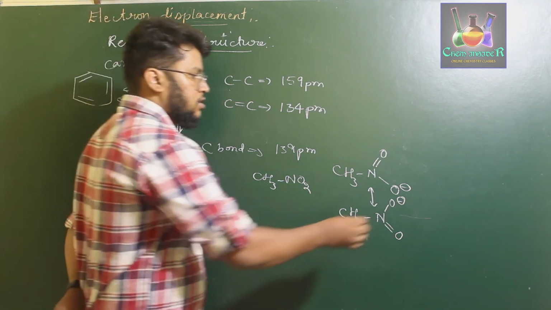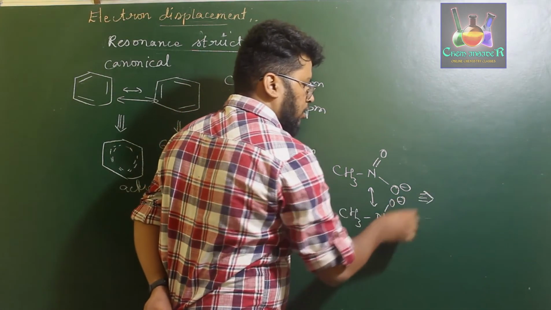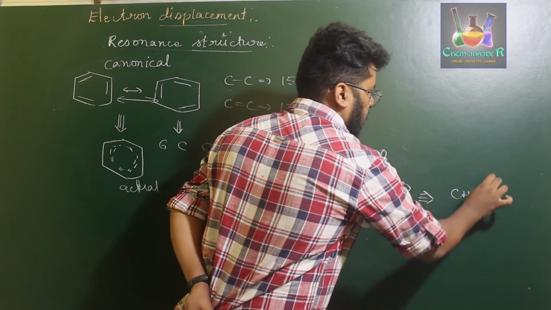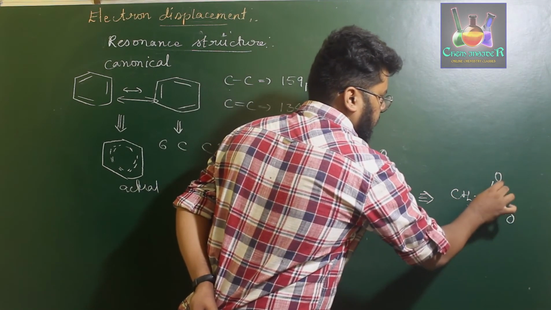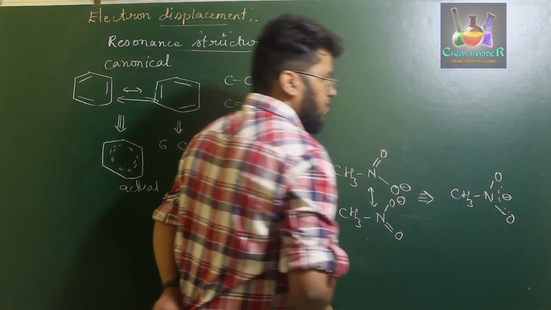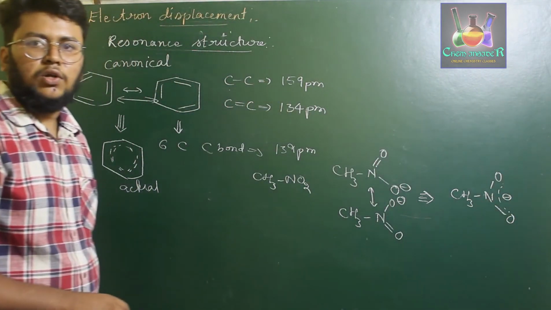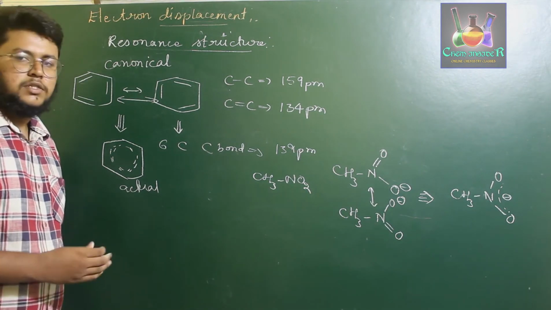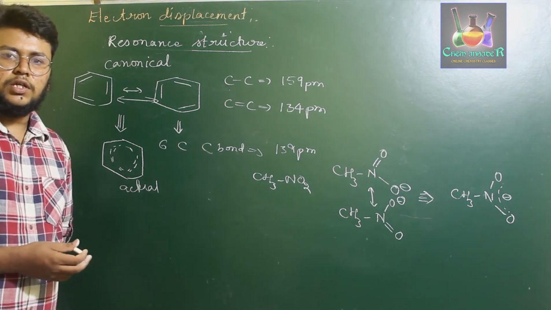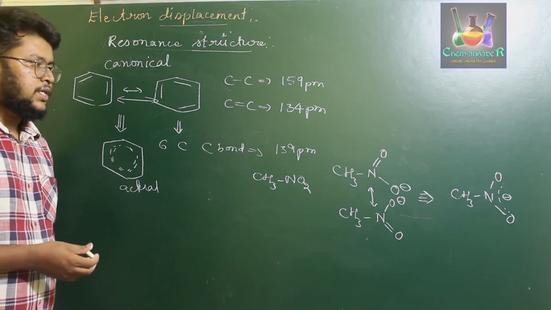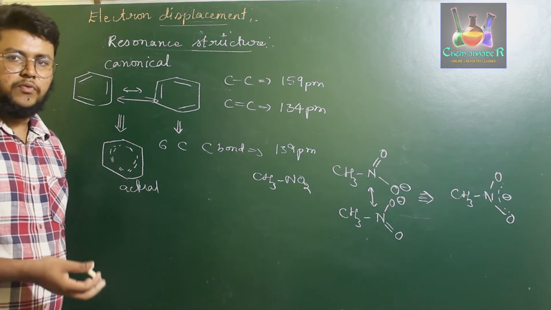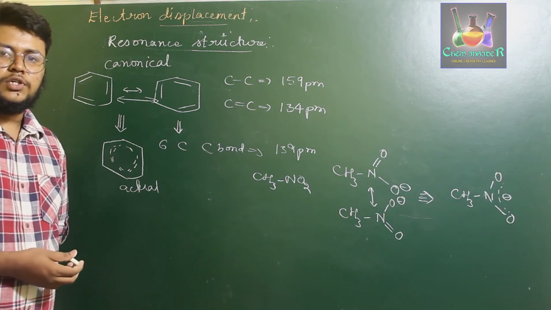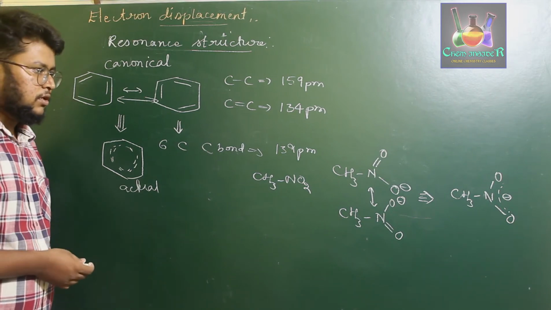Therefore, these two structures are called the canonical structures of this type, where the negative charge is delocalized between the two oxygen atoms. Hence, we consider a new set of structures for a given compound which has to be represented in two different ways, and those two different representations are called the canonical structures or resonance structures.